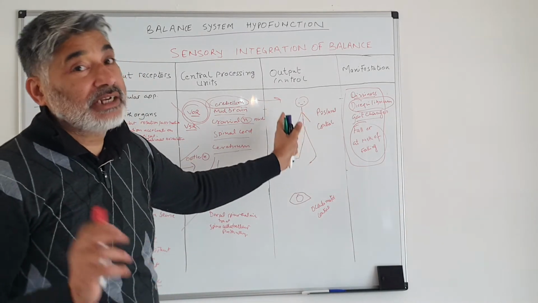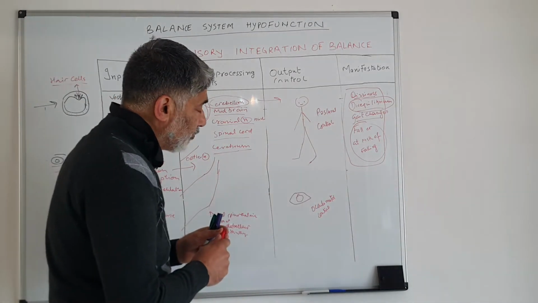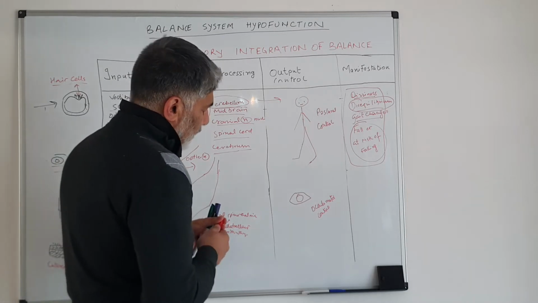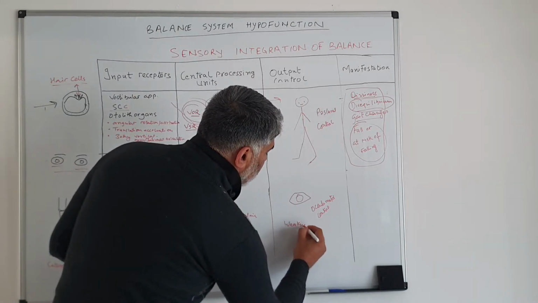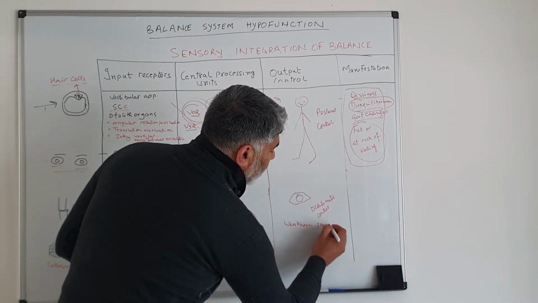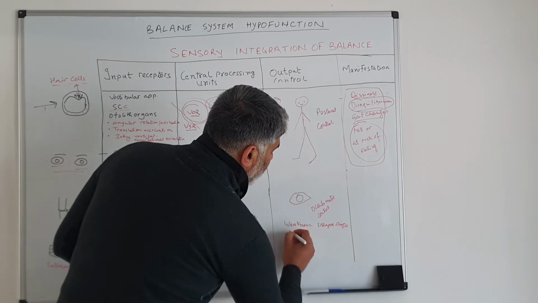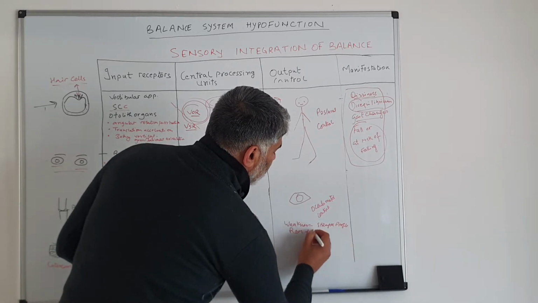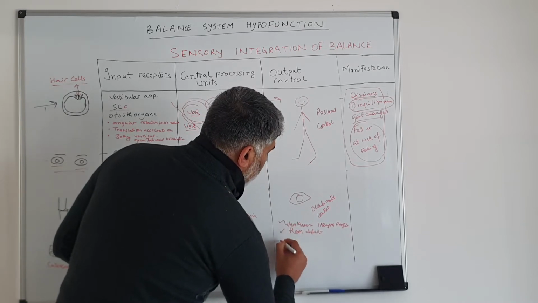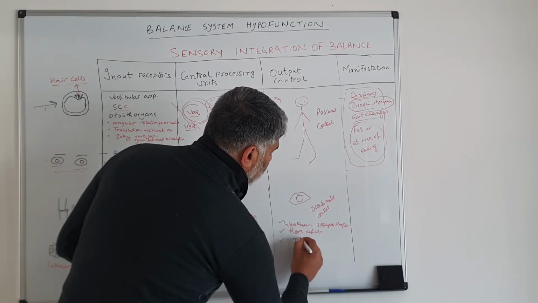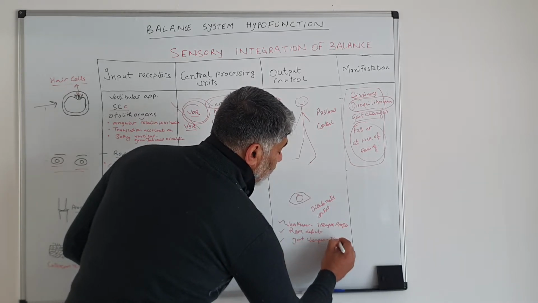What happens if there is a problem at the output control, which could be your weakness, that's your strength profile, range of motion deficit, and then gait changes. Disease specific.